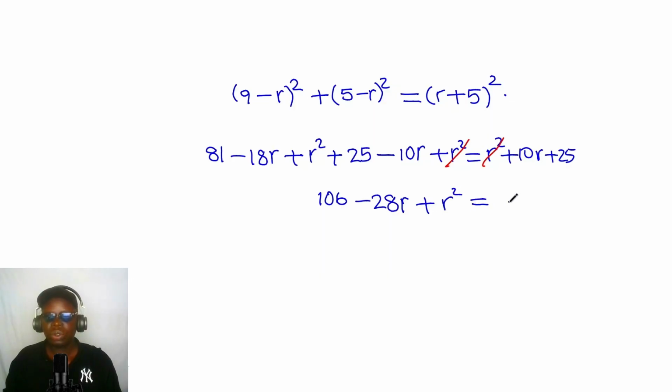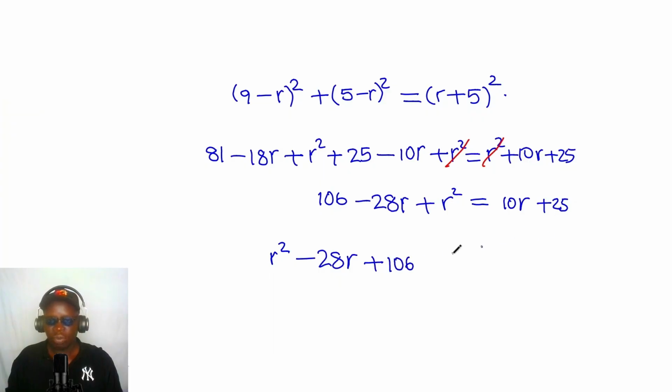This is equals to 10R plus 25. So let's take everything to this side and we have R square. After this R square, we will follow with this term, that is negative 28R. Then we bring in our constant, that is 106. Then we join this in and we have 25.